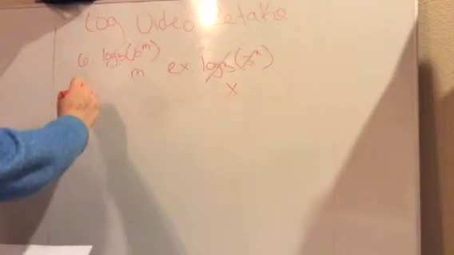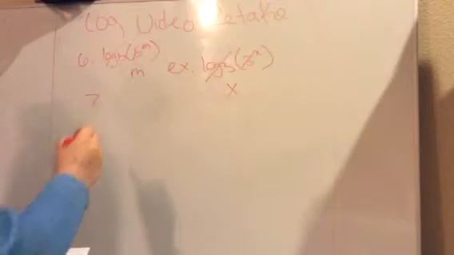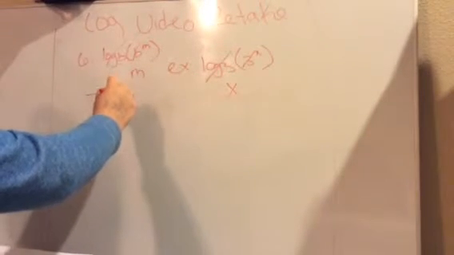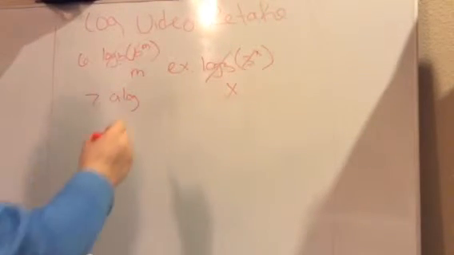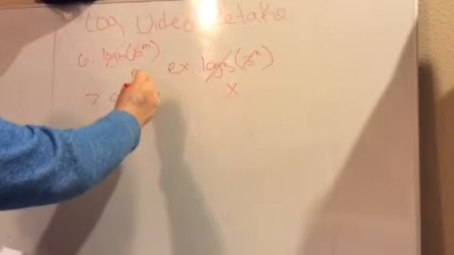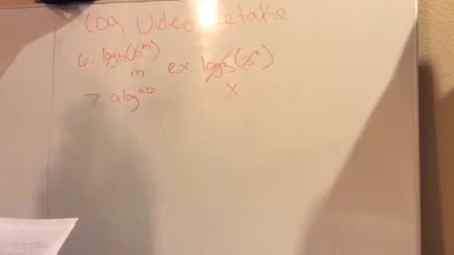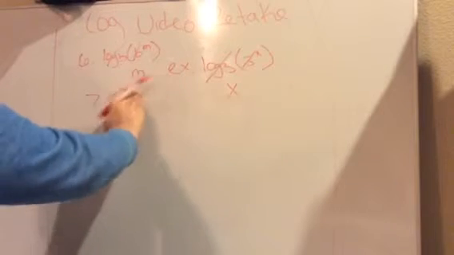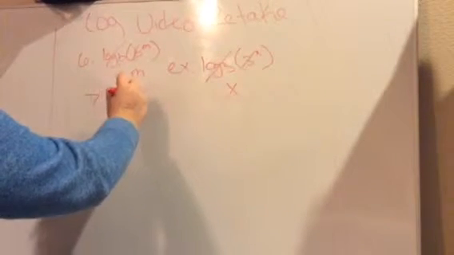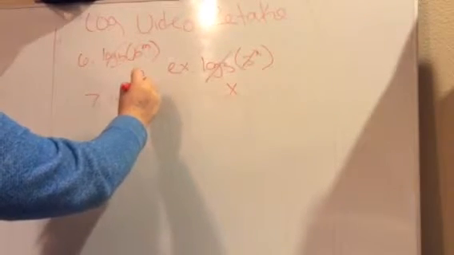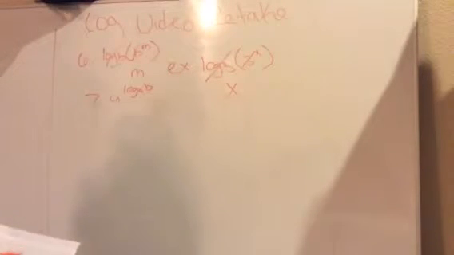Number 7, a to the log a b. Oh, whoops, I did it wrong. Log a b. There we go. Okay. This rule also applies with rule 3 or rule 6.